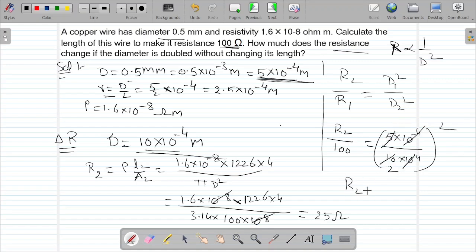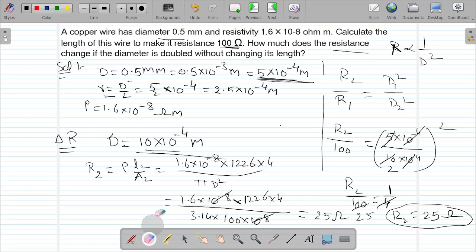So R2 by 100 equal to 1 by 4. So from this R2 equal to 100 by 4, that is 25. So R2 equal to 25 ohms. 25 ohms is the resistance.